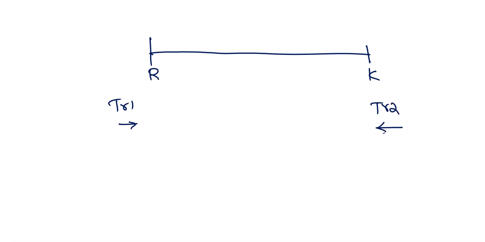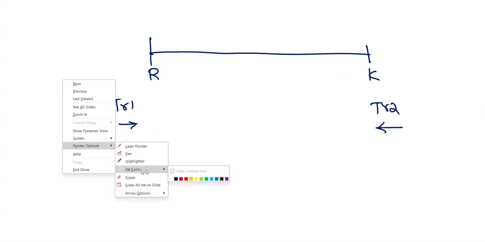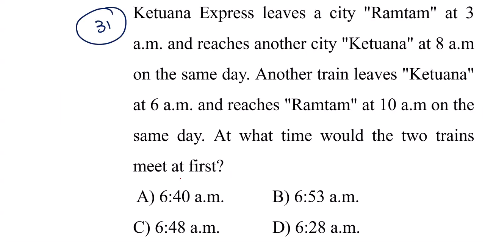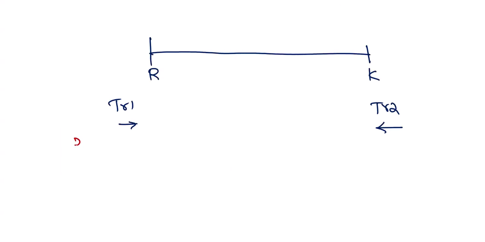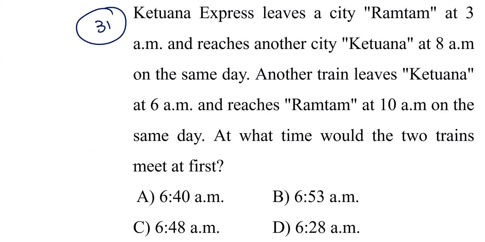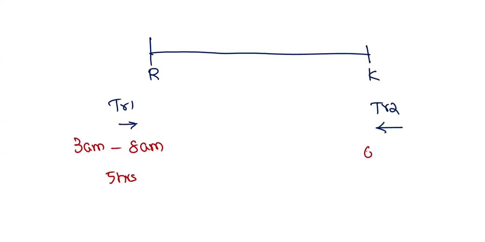They didn't give distance and speed. But we understand the first train starts at 3 a.m. and reaches at 8 a.m., so 5 hours is the travelling. The second train starts at 6 a.m. and reaches at 10 a.m. on the same day. At what time will they cross each other or meet each other? Started at 6 and reached at 10 a.m. means 4 hours, right?